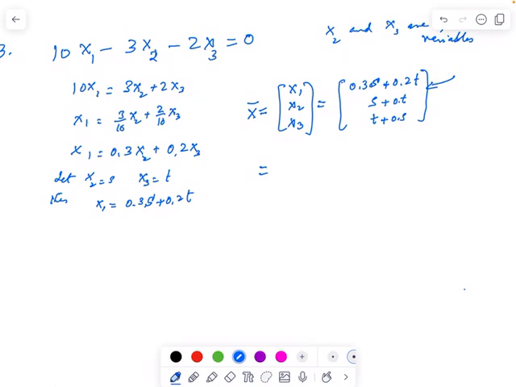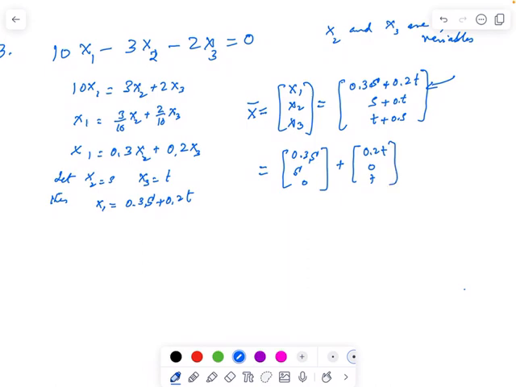So I put it as a sum of the vector having s in it plus the vector having t in it. So I have 0.3 s, then s, and then 0, because in the third row there is no s. Plus, now I look at the t vector. So I have 0.2 t, and in the second line we don't have the t, so 0, and in the last one we have the t.